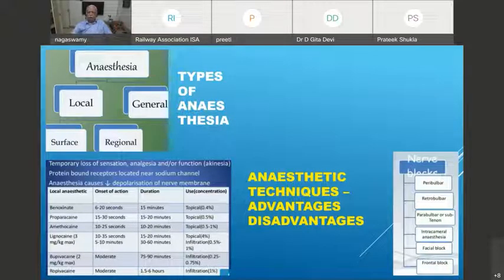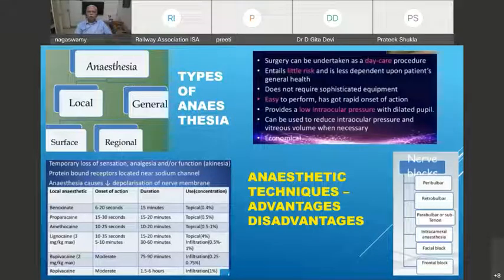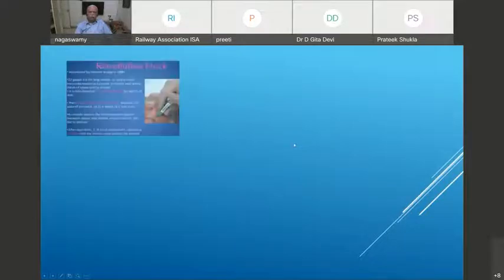And the nerve blocks can be peribulbar, retrobulbar, parabulbar, intracameral, facial, and frontal blocks. And surgery, again, these are all repetition of that. It entails very low risk, easy to perform, and low intraocular pressure will be there. So economical, all these things are the advantages of regional technique.